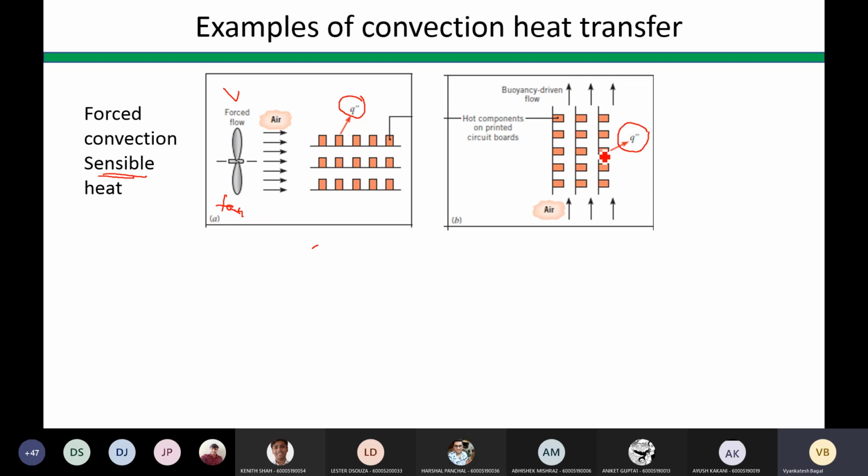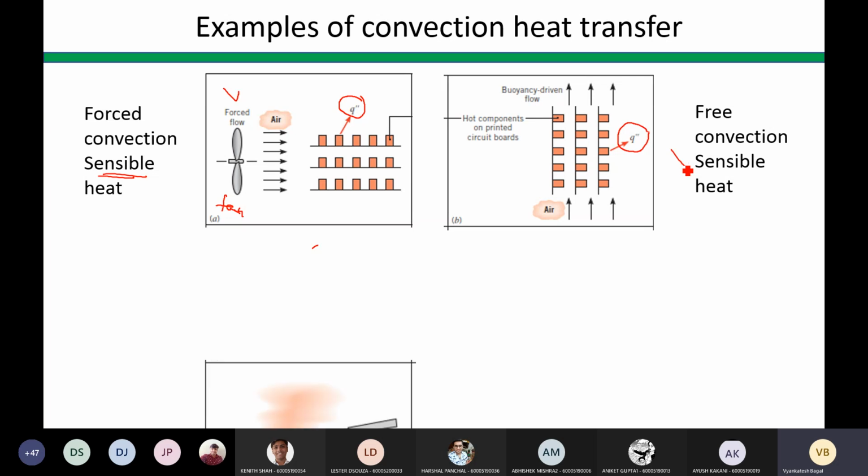The heat is transferred from the board to the surrounding, but this time it is driven by density differences, or buoyancy driven flow. So this is an example of natural or free convection, but what you are extracting is only the sensible heat. Clear?